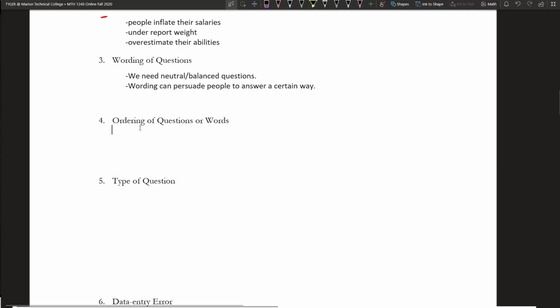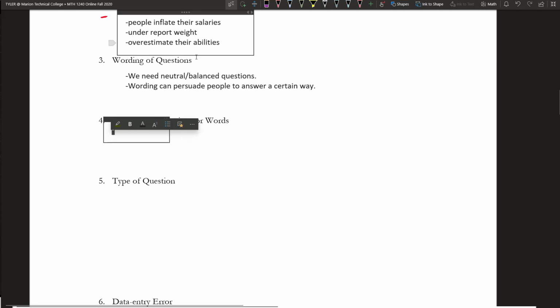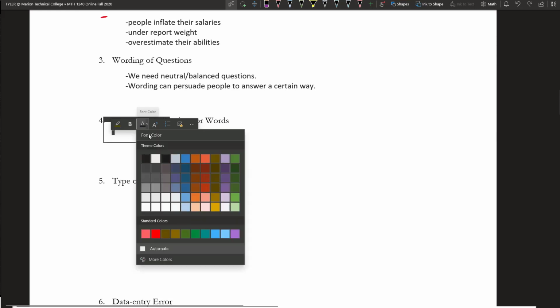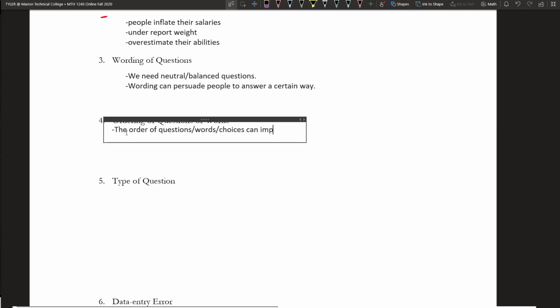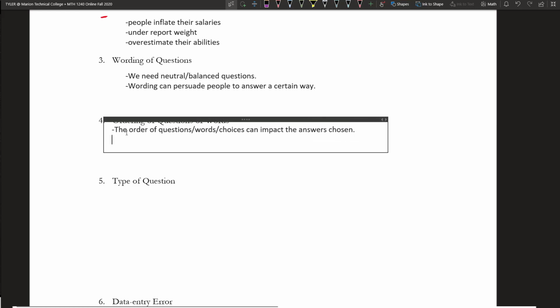Something else to keep in mind is the ordering of questions and also the ordering of words. The order of questions, words, and choices can impact the answers chosen.